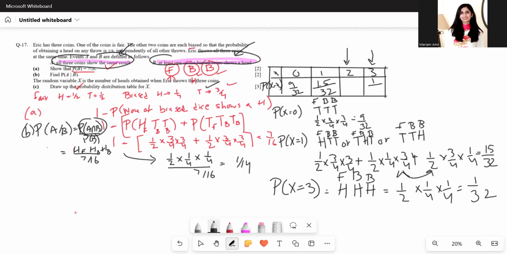So I'm writing 1 over 32. And this one we can find by subtracting the sum of the other 3 from 1, which gives 7 over 32. So we write 7 upon 32 here.